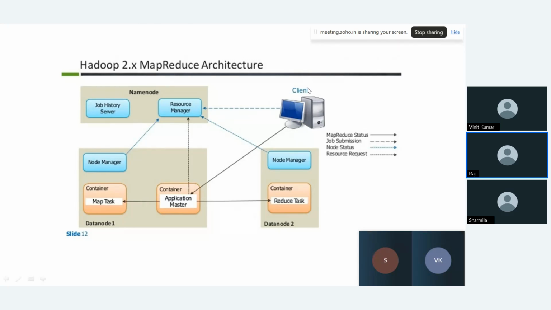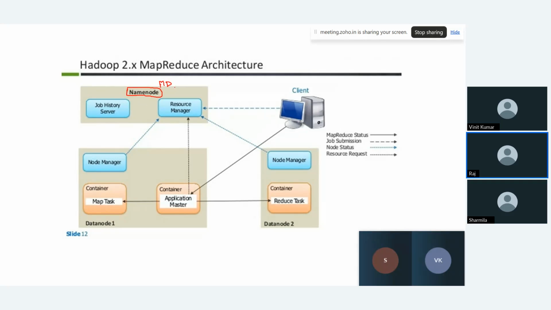That file is already there in HDFS, and the name node has all the information about where that file is residing, because the name node contains the metadata, right? Metadata is data about the data.